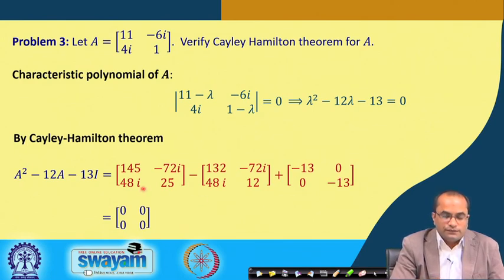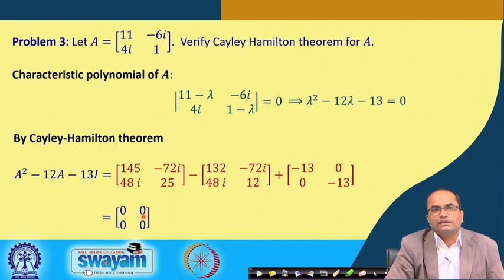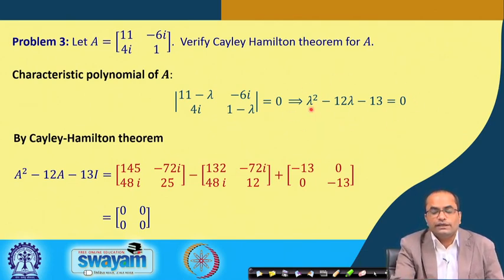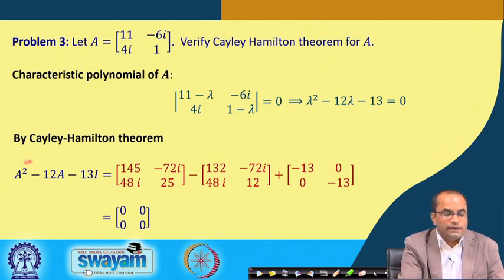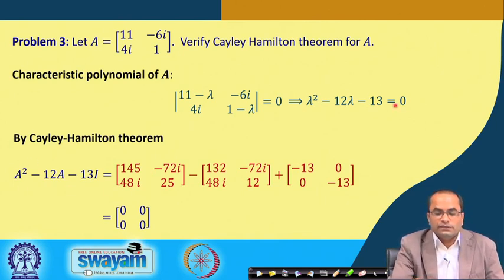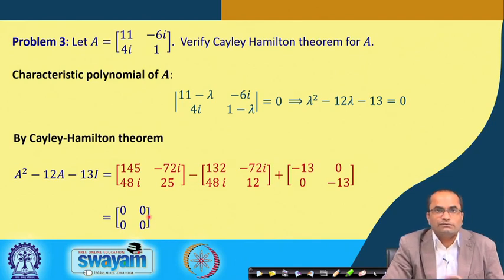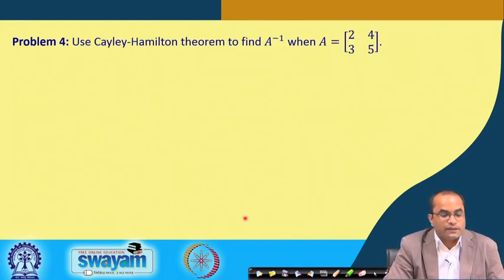So, when we determine this one, these two will be added and this will be subtracted, and we are actually getting the 0 matrix. That is what the Cayley-Hamilton theorem says, that every square matrix satisfies its characteristic equation. We have just replaced lambda by this A, and then we have seen that on the right side, instead of the 0, we got the 0 matrix. So, that is what the Cayley-Hamilton theorem is.